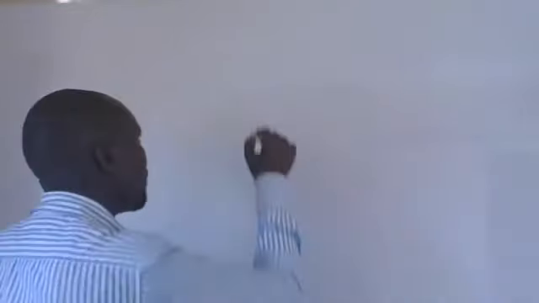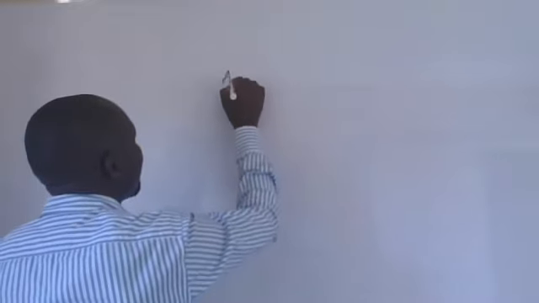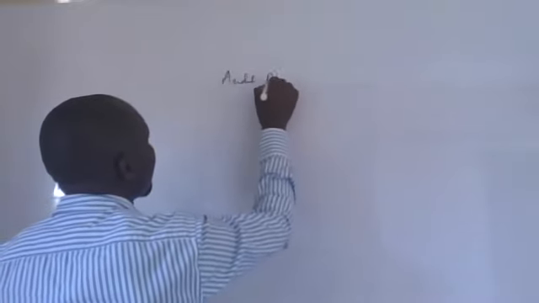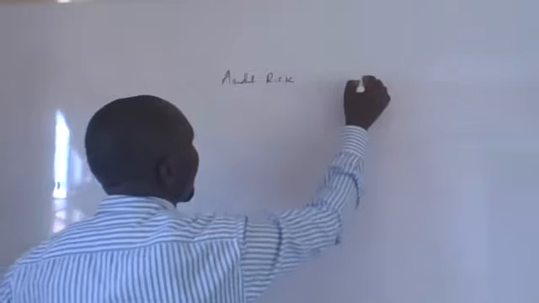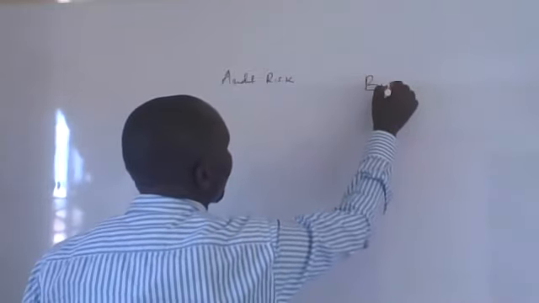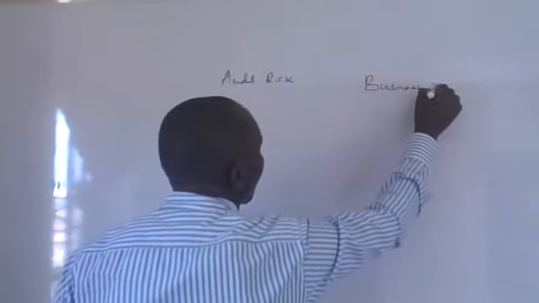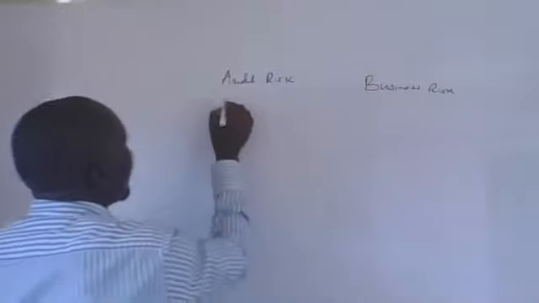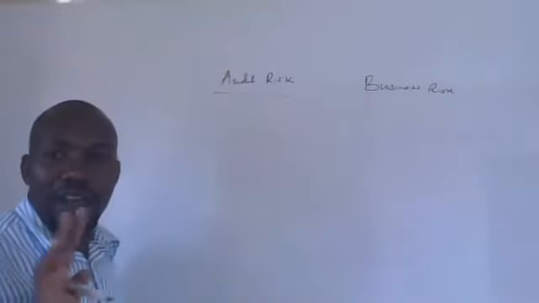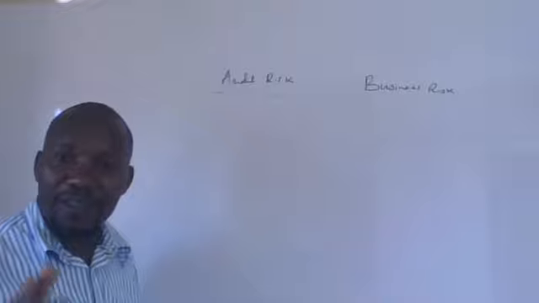But business risk is the risk that affects the normal operation. So let's look at the two. They are always set questions on the same. So we have audit risk, and then we have business risk. For audit risk, there are only 3 types or elements or examples.